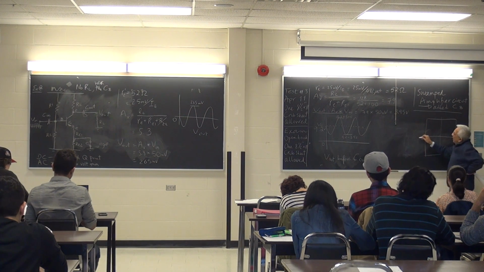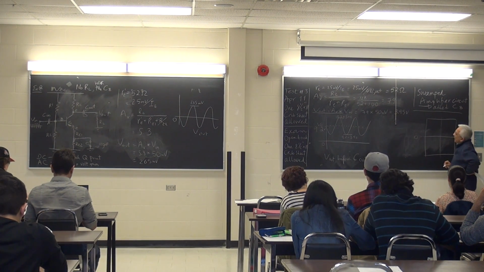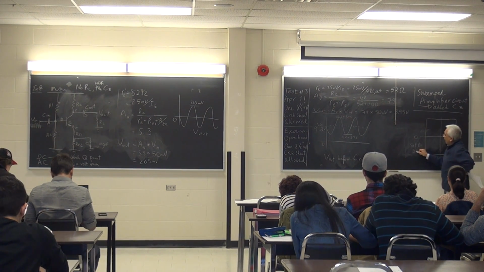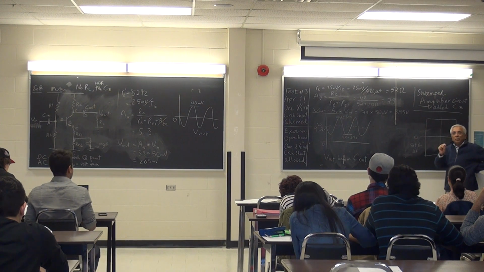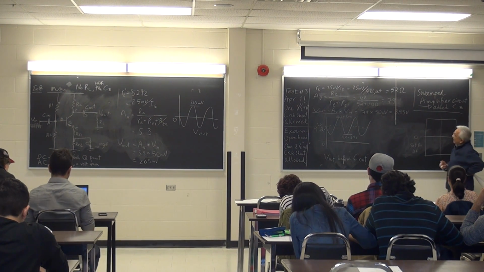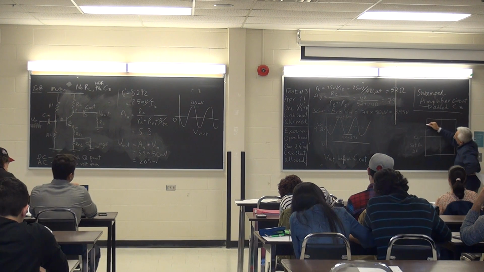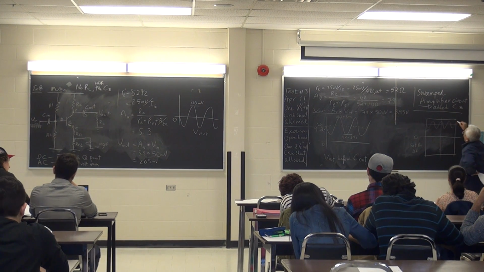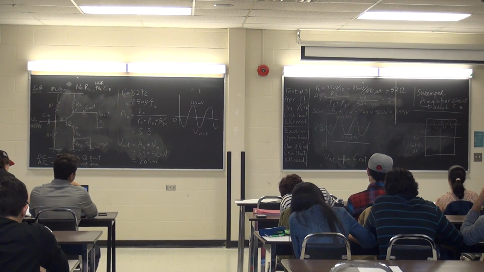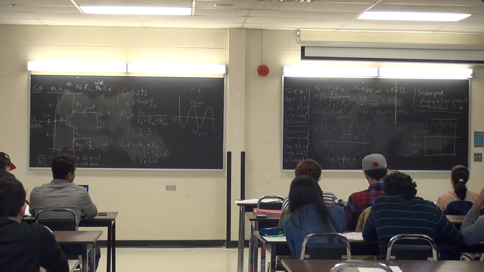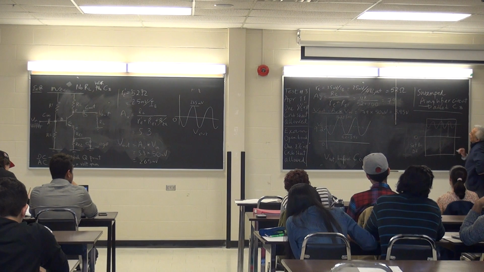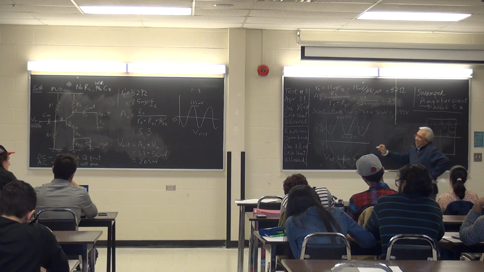Okay, if I set my ground line here at the middle and I set the scope to DC, you know how we have that DC AC switch on the scope? If I set it on DC, what I will see is that picture here. Do you see that? And this is how much? 9.2. So that is before C3.